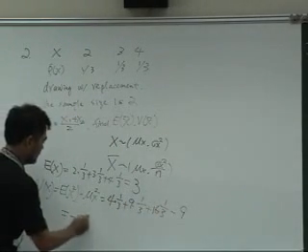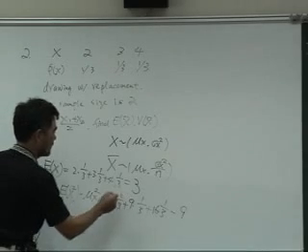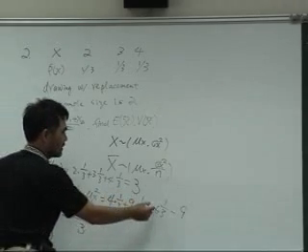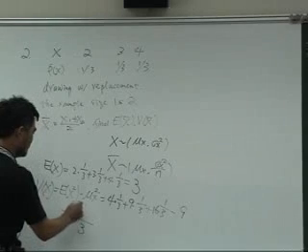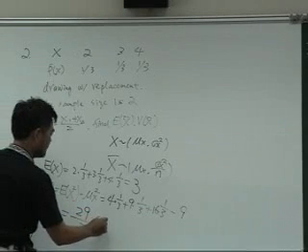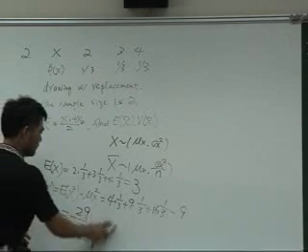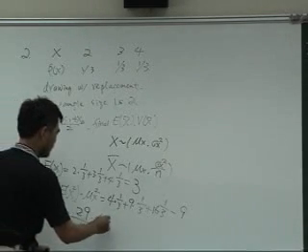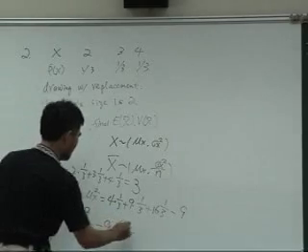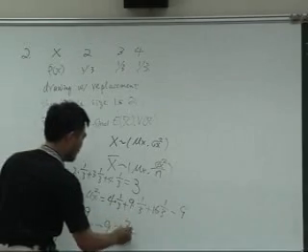So what do you get? Here you have 4 plus 9 is 13, right? 13 plus 16, so you got 29, divided by 3, minus 9. So what do you get? 2/3.